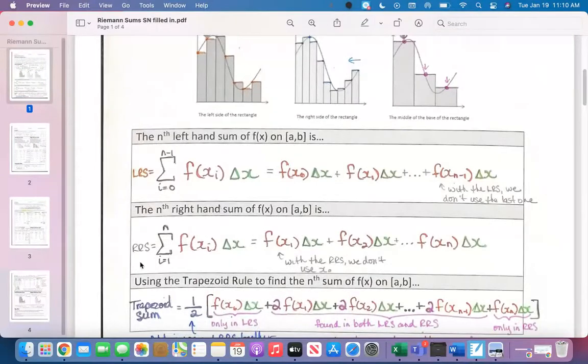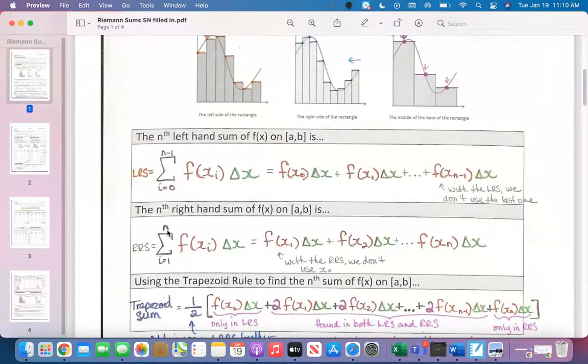And very similar for the right Riemann sum. So this is our right Riemann sum formula. You'll notice that the index numbers are a little bit different. So instead of starting at x naught, we start at x1, because remember we're using the right endpoints and we don't want that first left endpoint to be there. So we don't need our x naught, but we do need our x1. In this case, instead of going to n minus 1, we're going to go straight to n.